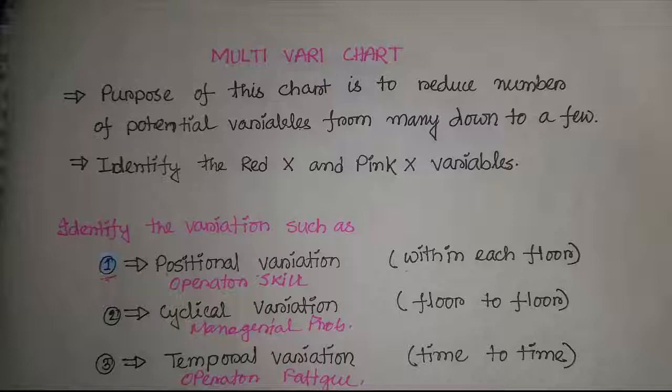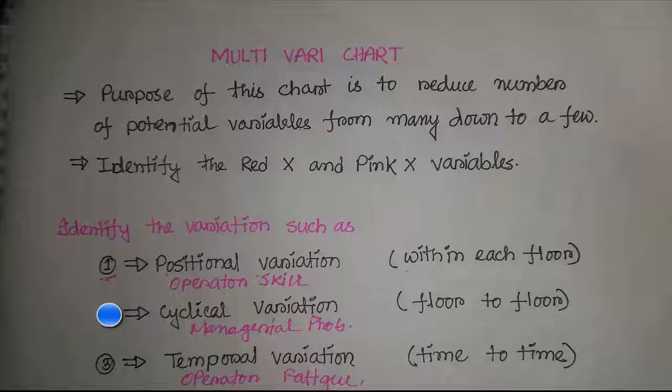Positional variation happens within each floor among different workers, and if the positional variation is more, that means there is a problem of operator skill. Cyclical variation happens between floor to floor.